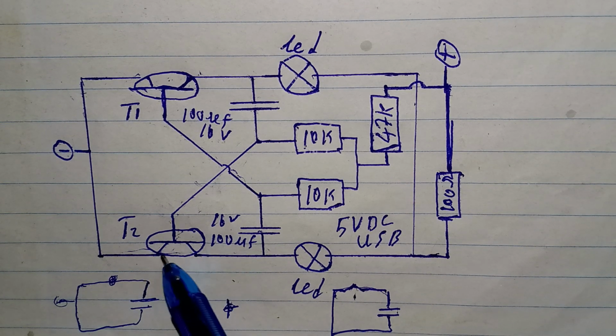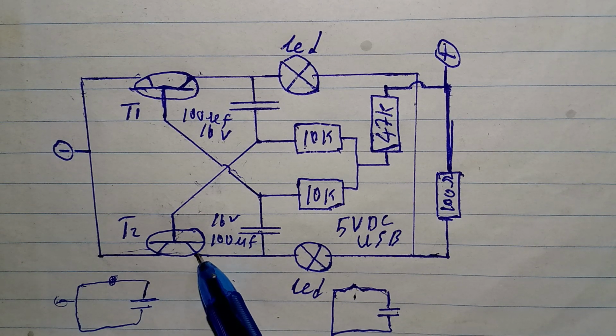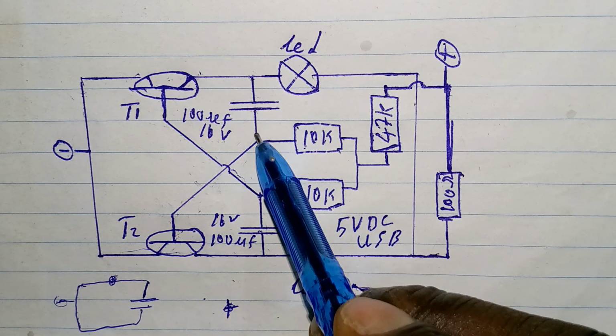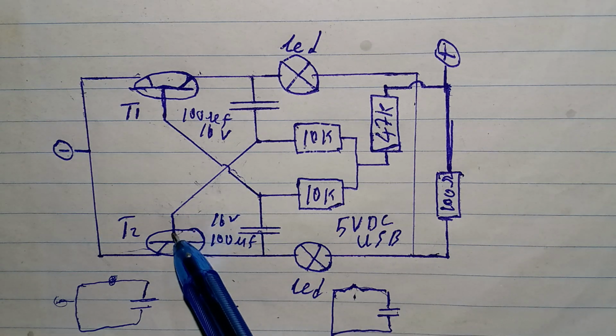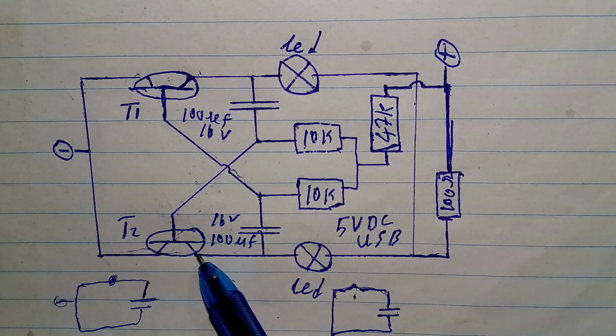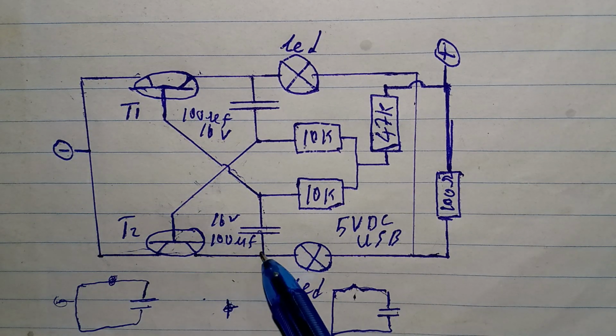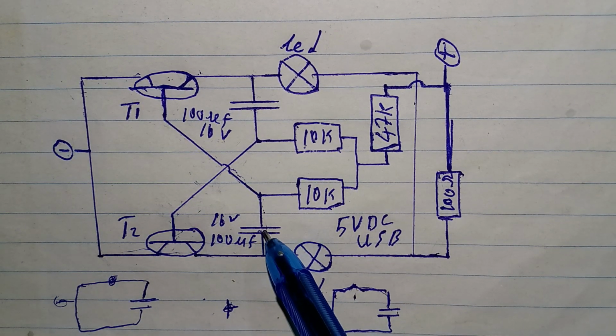Now here and here is a break, so this is not connected. So when a voltage is moving through this capacitor to the base here, this is being connected. So now you have both leads here connected together. That will cause this capacitor to be discharged.